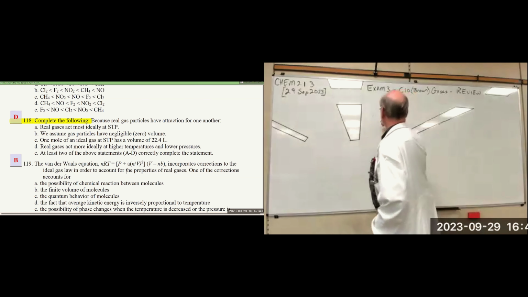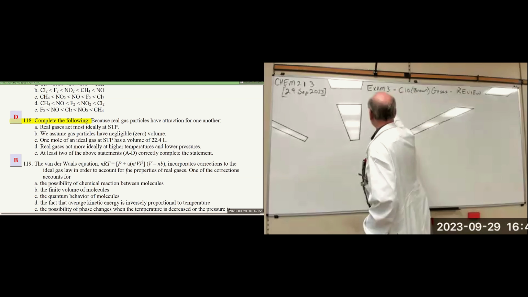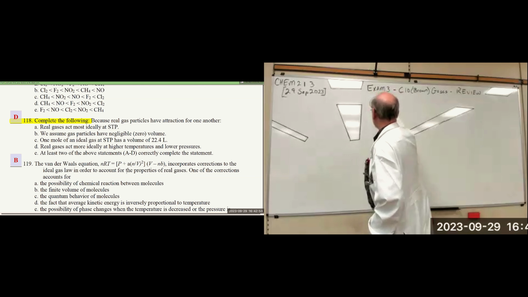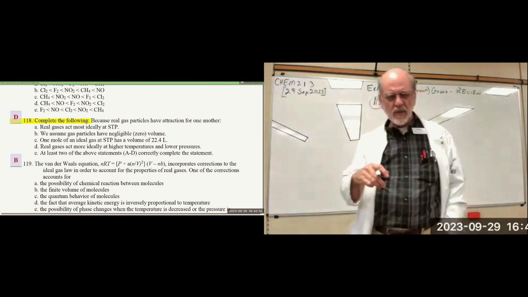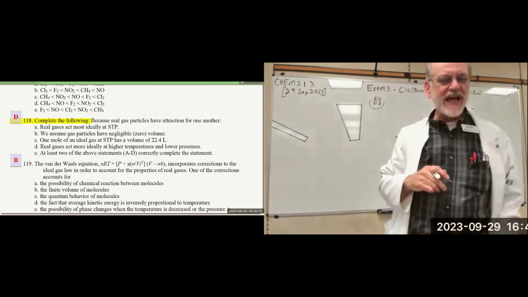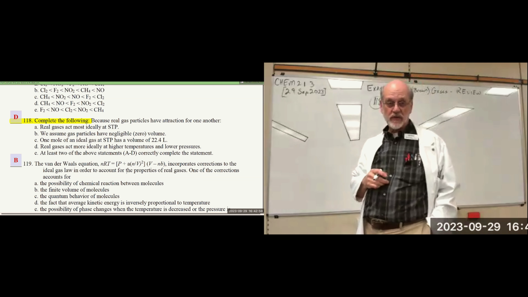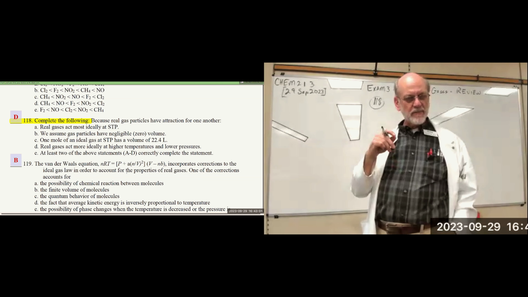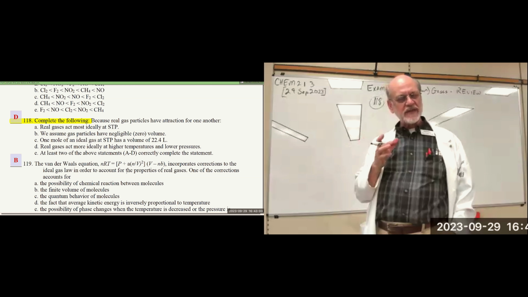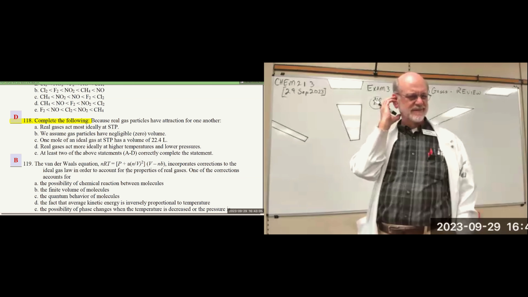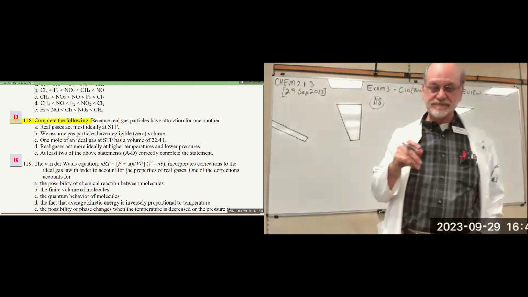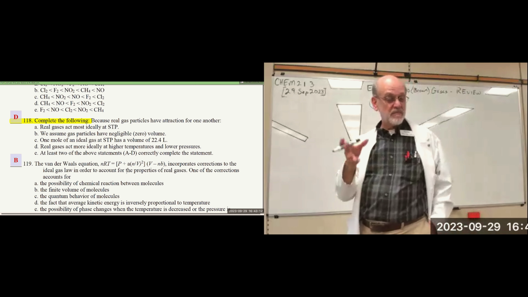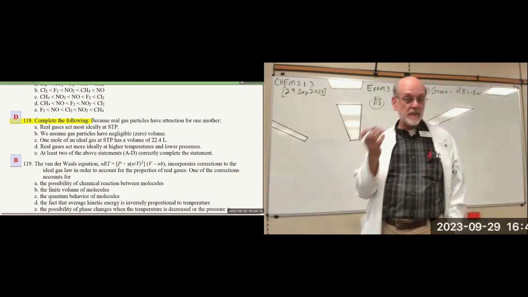118. Complete the following. Because real gas particles have attraction for one another. A, real gases act most ideally at STP. Well, that's a reasonable assumption, right?